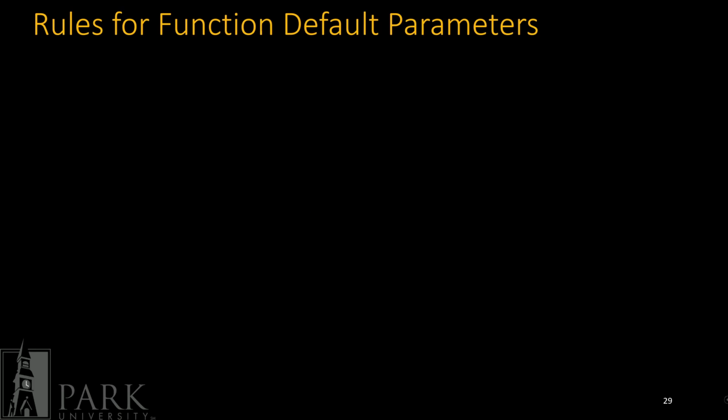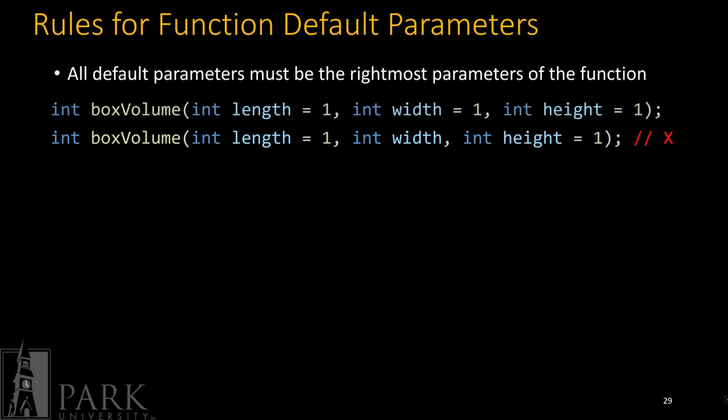C++ requires that all default parameters must be the rightmost parameters of the function under discussion. Okay, so you can see here that this works, but this doesn't, because this width doesn't have a default value, but height does. So this is going to throw a compiler error. So this means once you define a parameter with a default value, anything after it has to have a default value as well.